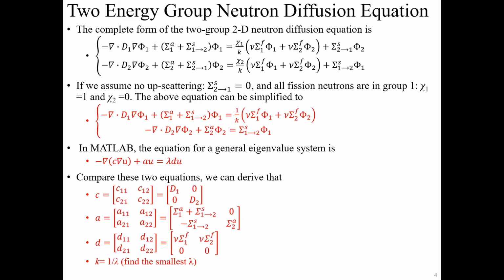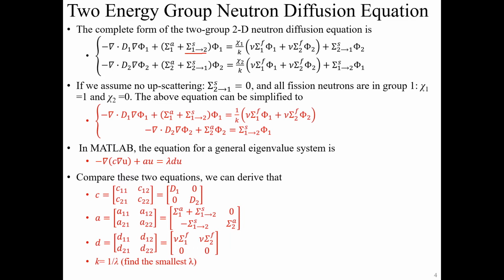By observing this equation, you will see that there are a couple of differences compared to our single speed or one group neutron diffusion equation. The first one is this absorption or loss term. We now will have the scattering.